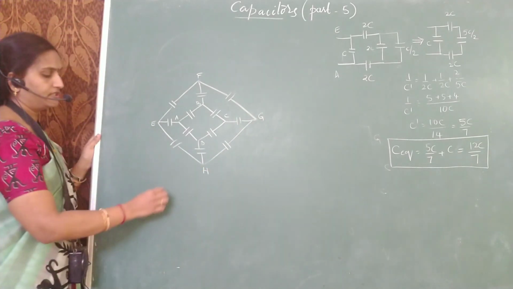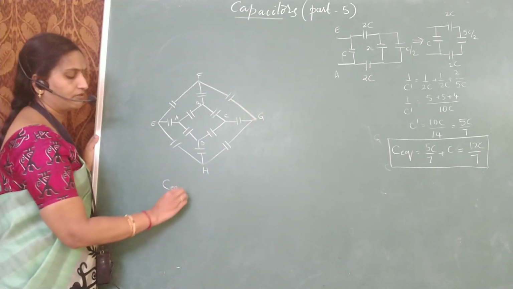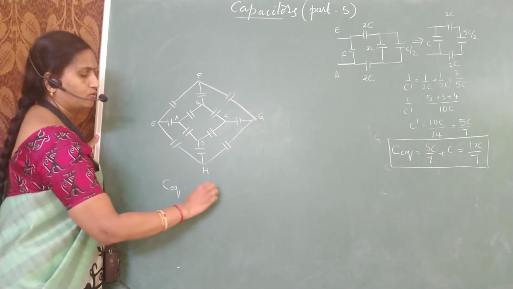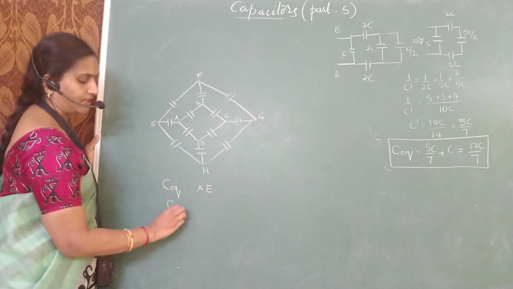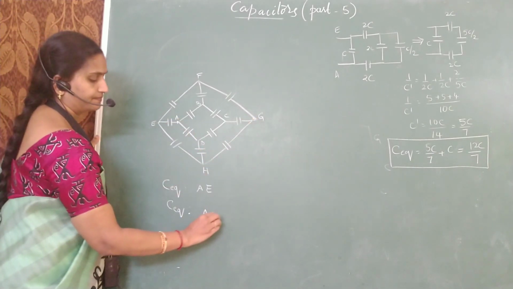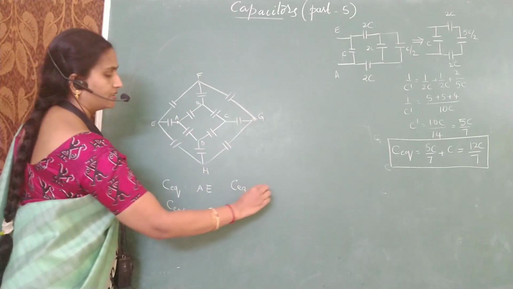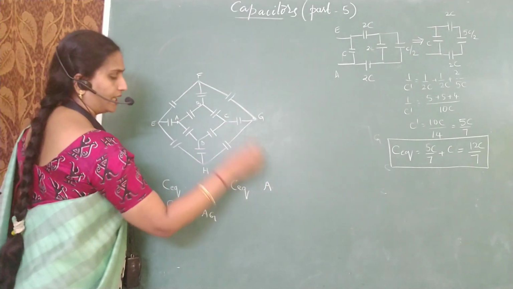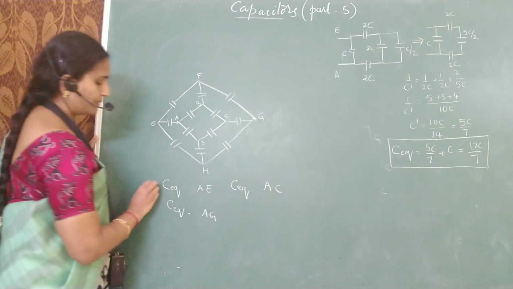What is the equivalent capacitance? Find C equivalent across A to E, C equivalent across A and G, and C equivalent across A and C. 3 bits.